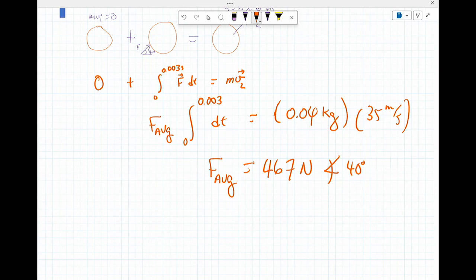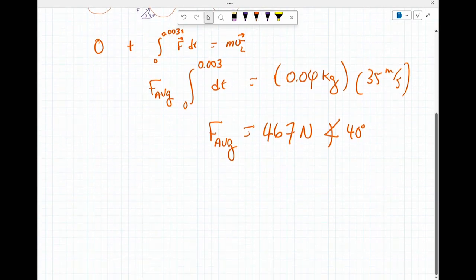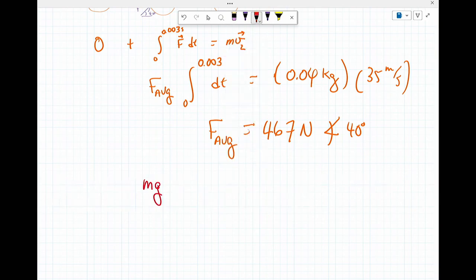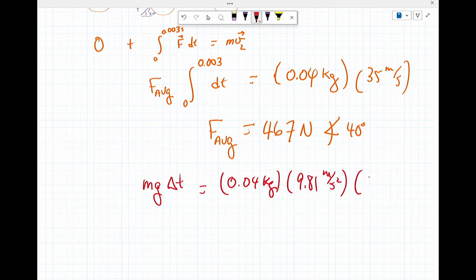Now, one question that was just raised, and it's a typical question to ask, is what about the impact of the weight? Because the weight is also applied. You can treat it for the time that this hit has occurred. In that case, you could say mg delta t over that same time is going to be 0.04 kilograms, 9.81 meters per second squared, and 0.03 seconds.